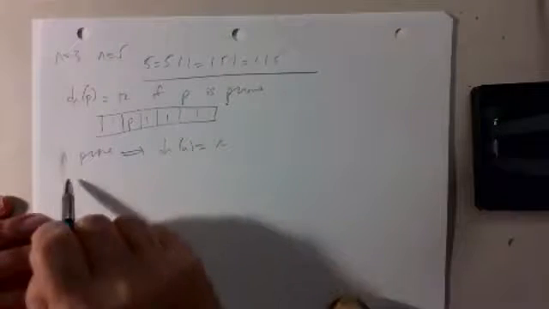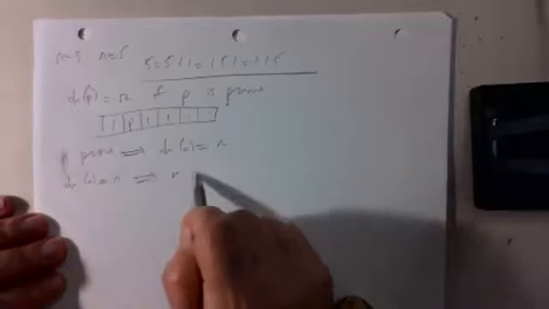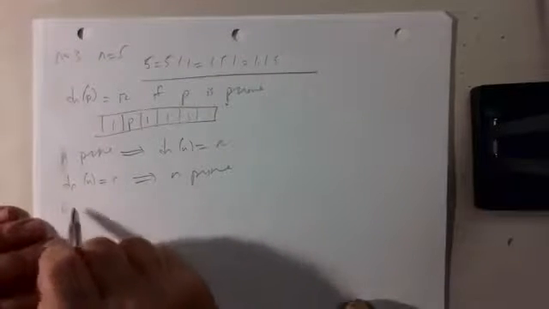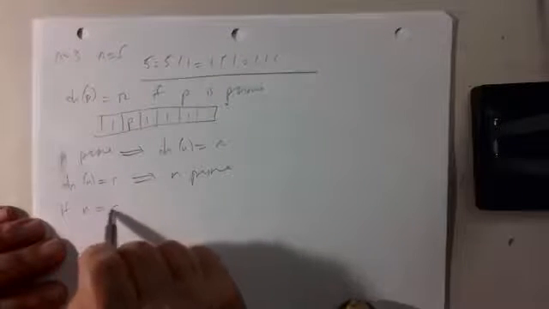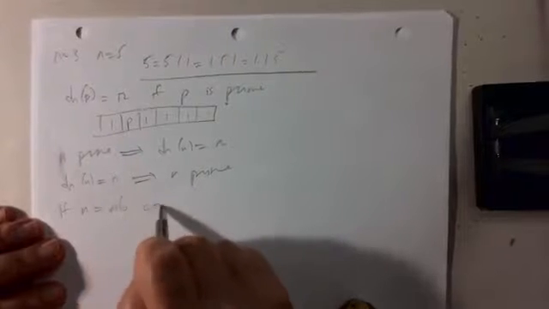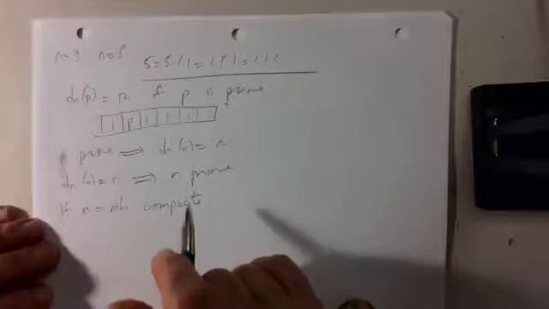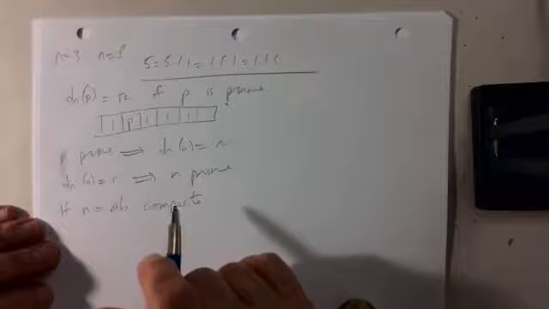Let's prove the converse: d sub r of n equals r implies n is prime. The way to prove it is actually almost part of the problem. Suppose n is composite, so n equals a times b. Then we prove d_r of n is at least r times (r plus 1) over 2, and not r.